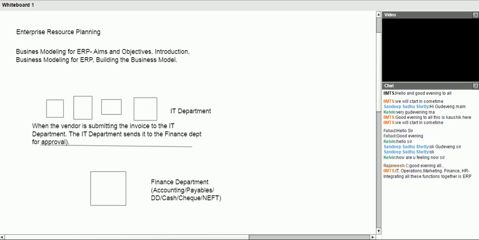So you need to have an integrated system which can communicate between the two.